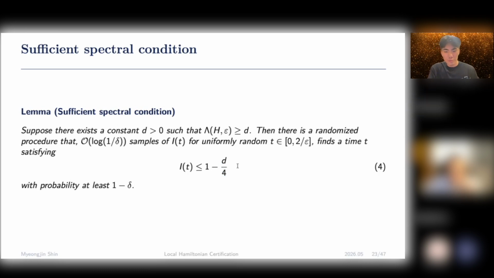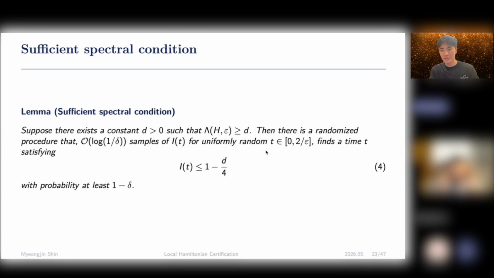So if we get a guarantee that this lambda quantity is bigger than some constant, we can discriminate the equal case and the far case by only Bell sampling constant times, because the difference from 1 is some constant, so we only need to do the Bell sampling procedure constant times.